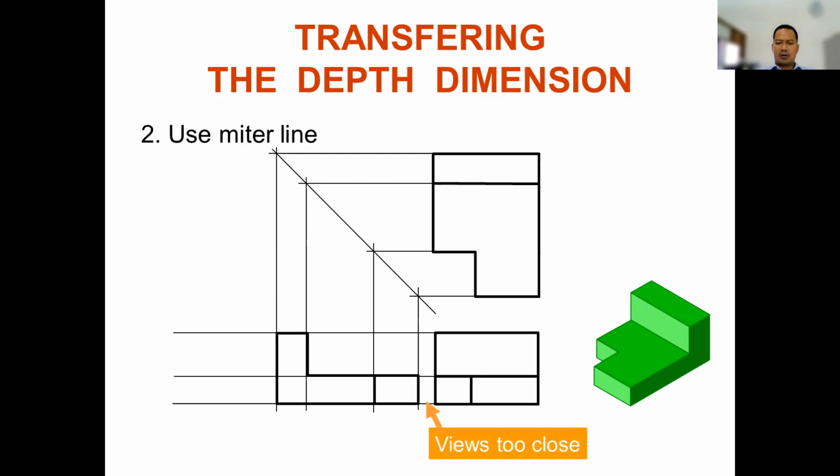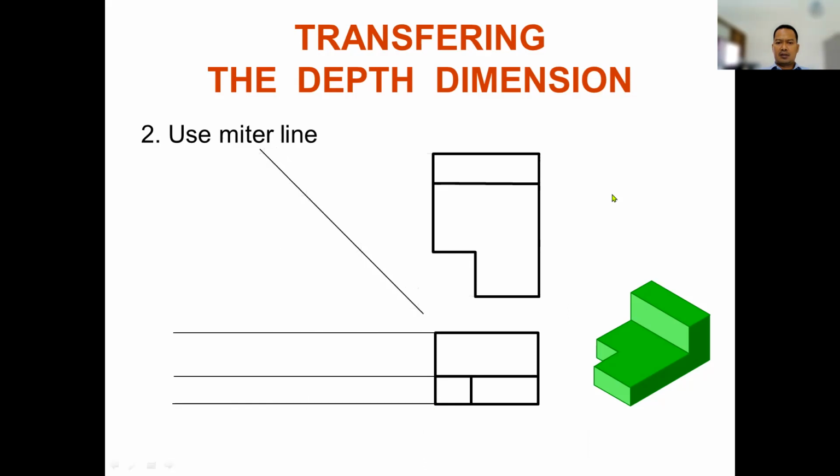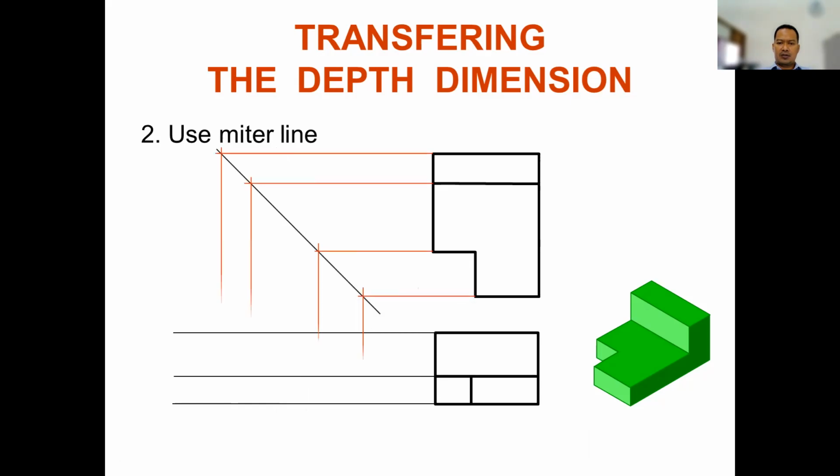But you see this is too close, so you can move the 45-degree line. And then from the horizontal and vertical line, then you will get the projection views like this.